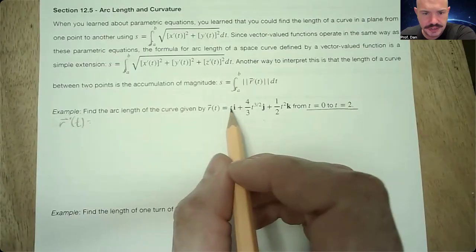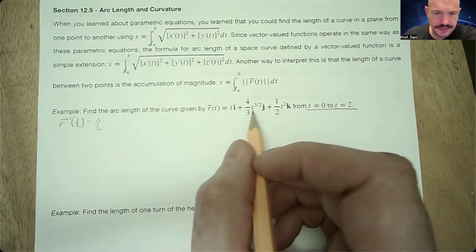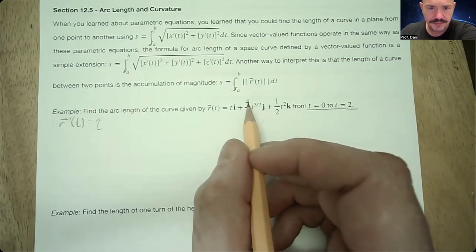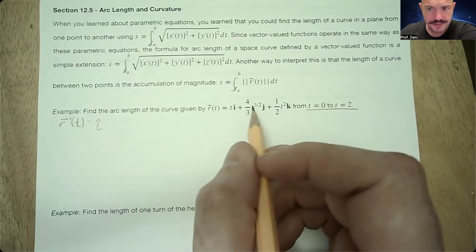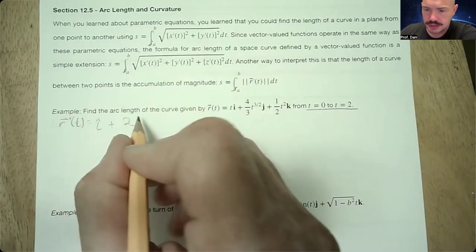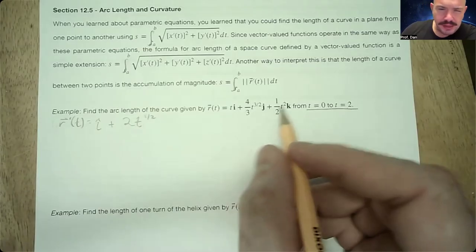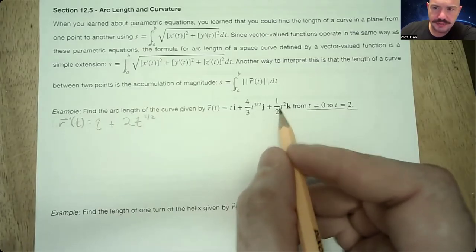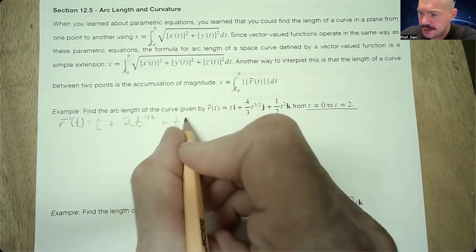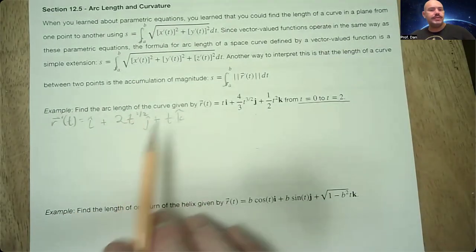All right, derivative of t is 1, so i. Derivative of this, we bring the 3 halves down, right? Then we're going to get 4 over 2 because the 3's will divide. 4 over 2 is also known as 2. So we have 2t to the 1 half. And then if I bring this 2 down, that 1 half will become 1. So plus tk. And I forgot my j here. There we go. So now we have our derivative.